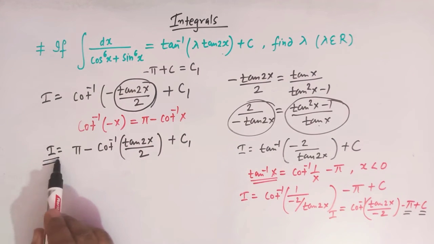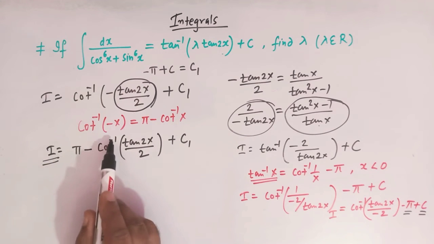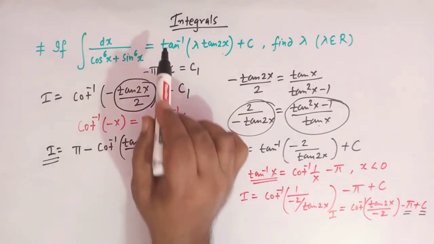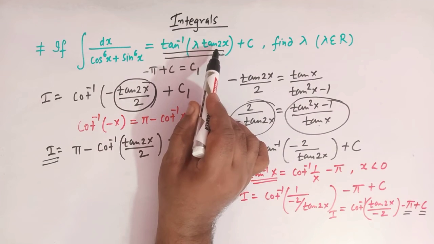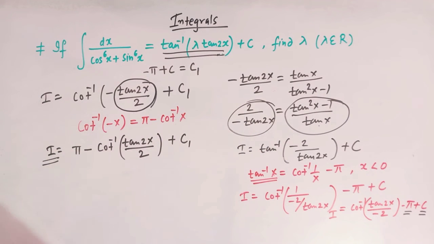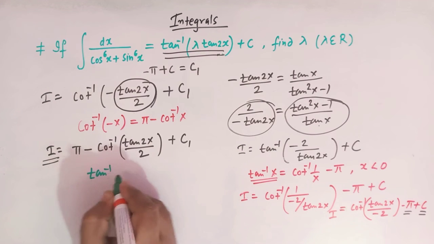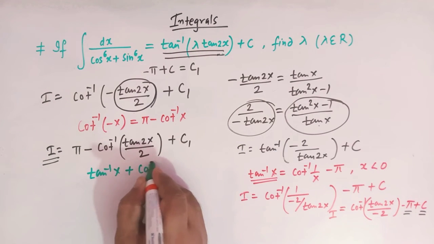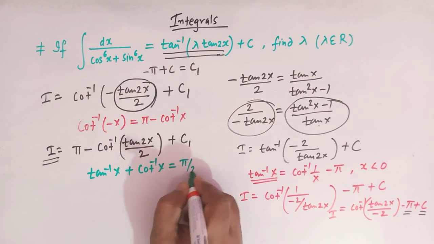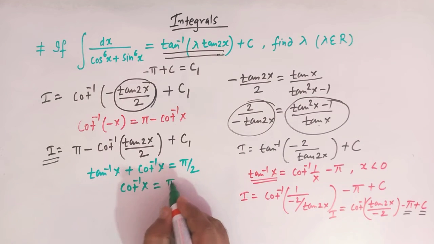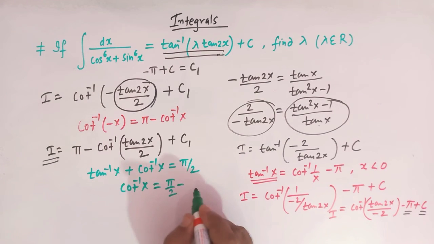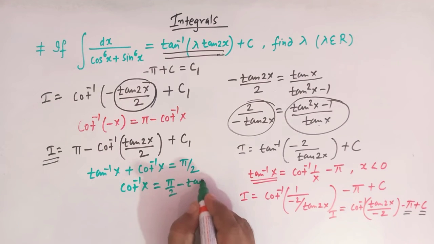Okay, now here we have the expression for I as pi minus cot inverse of tan 2x over 2, but we have to reach this point, right, or this expression. So again we'll make use of one more identity from inverse trigonometric functions, and that is tan inverse x plus cot inverse x is equal to pi over 2, and cot inverse x can be written as pi by 2 minus tan inverse x, right?